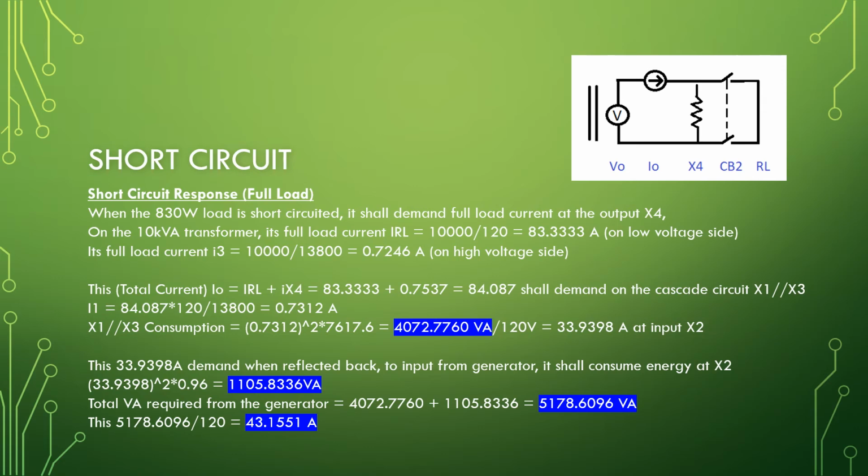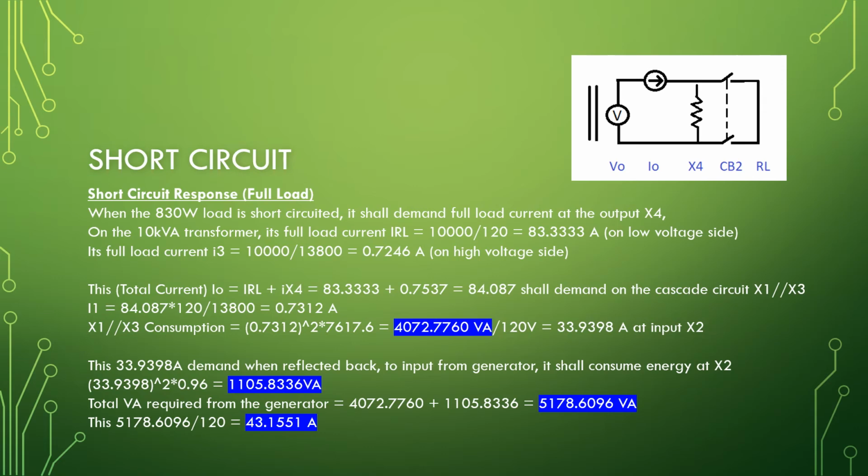I1 equal to 84.087 times 120 divided by 13,800 equal to 0.7312 ampere.